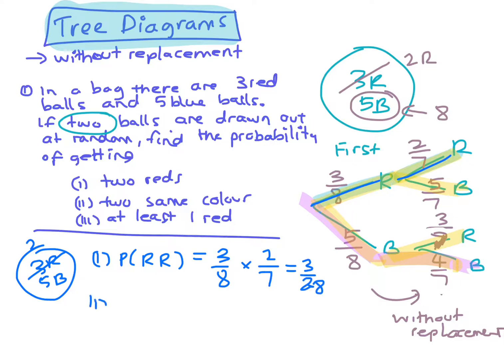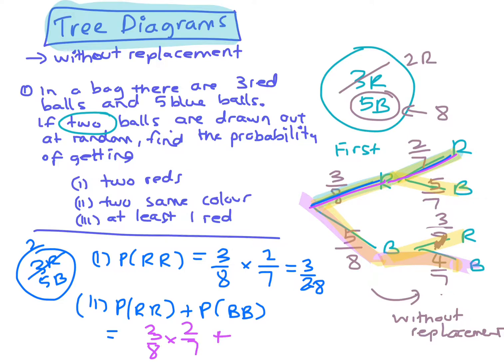Okay, 2 the same colour, so you could go probability of red, red, or the probability of blue, blue. If you're using your tree, probability of red, red could be 3 on 8 times 2 on 7, plus, now blue, blue, 5 on 8 times 4 on 7.